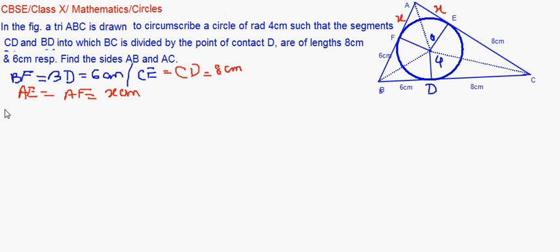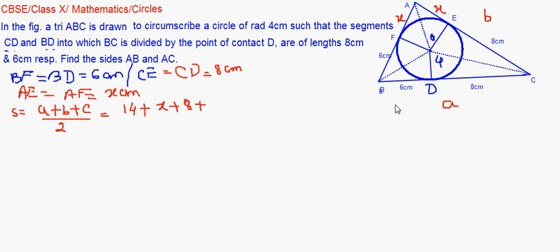To apply Heron's formula to find the area of triangle ABC, I will need the calculation of S, which is given by a plus b plus c by 2. So what is our a? A is this side, which is BD plus DC, that is given to be 14. What is b? B is AE plus EC, which is X plus 8.